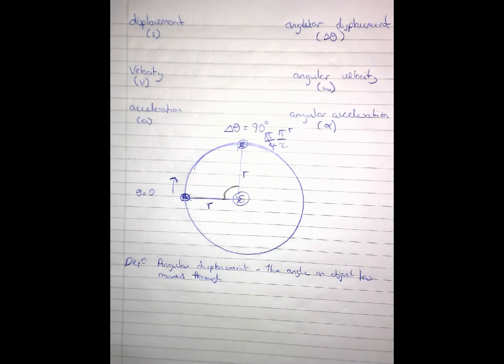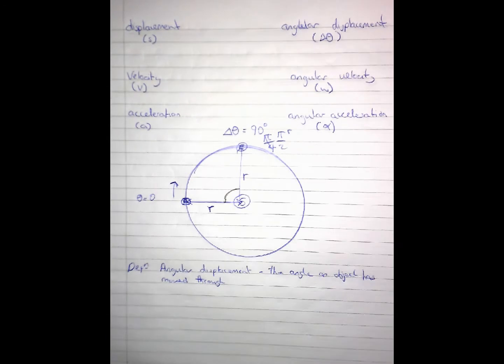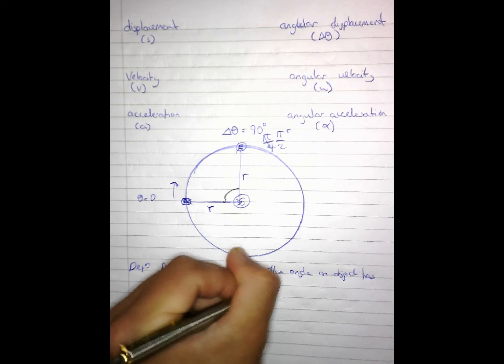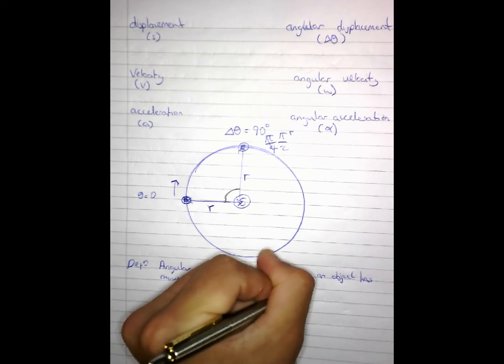And when we introduce a definition of a quantity, we talk about what its units are. It's going to be measured in radians.